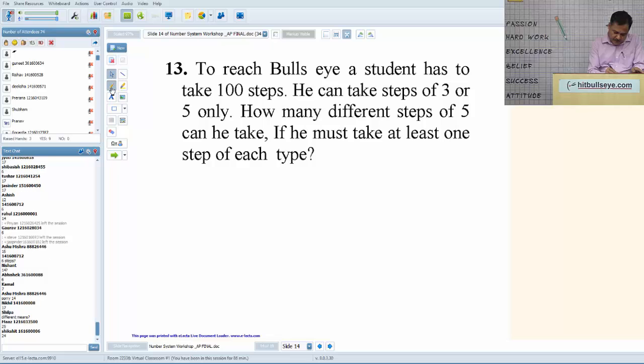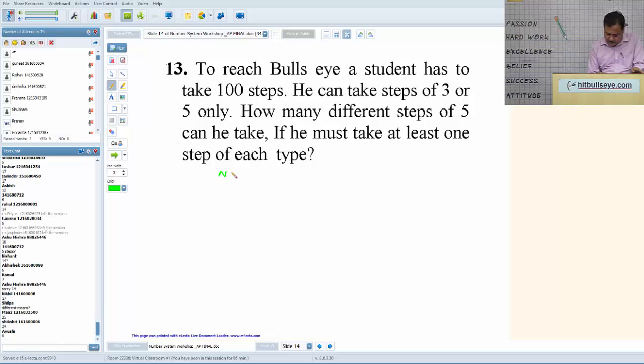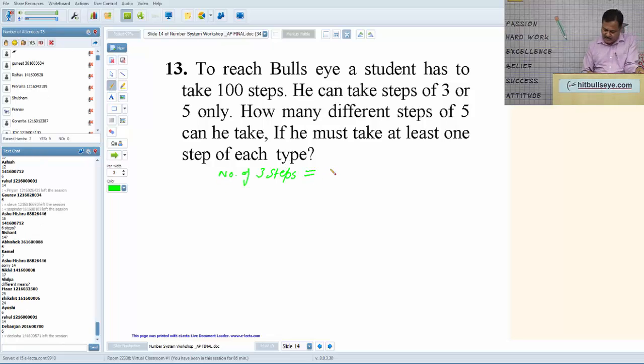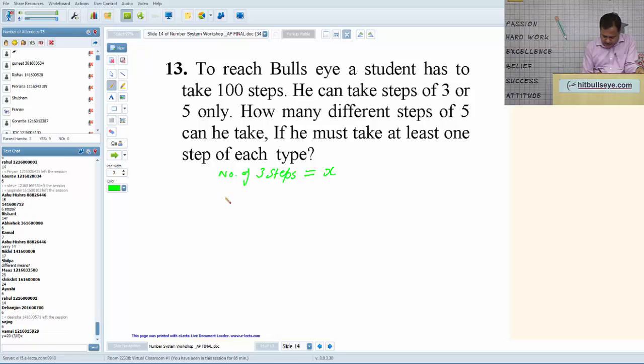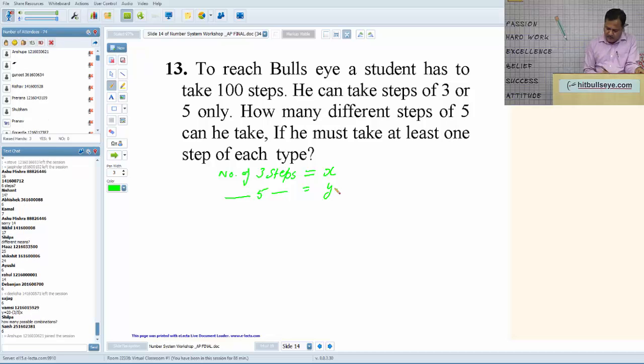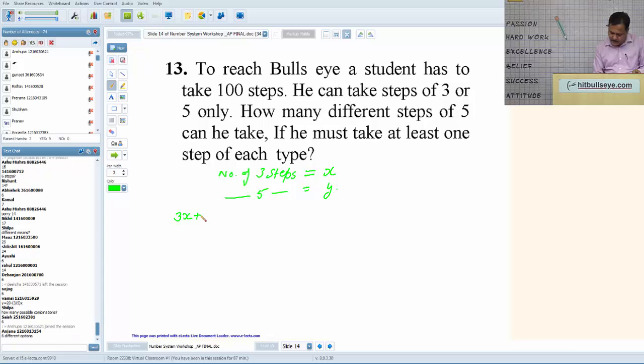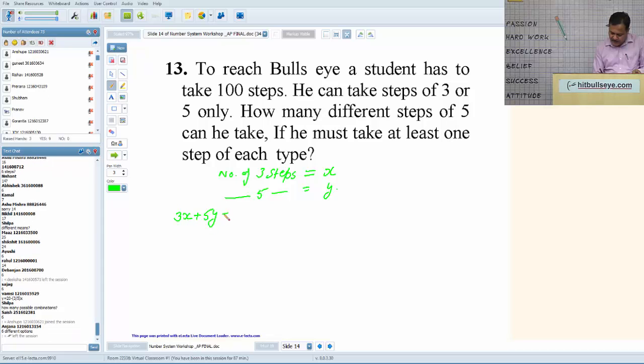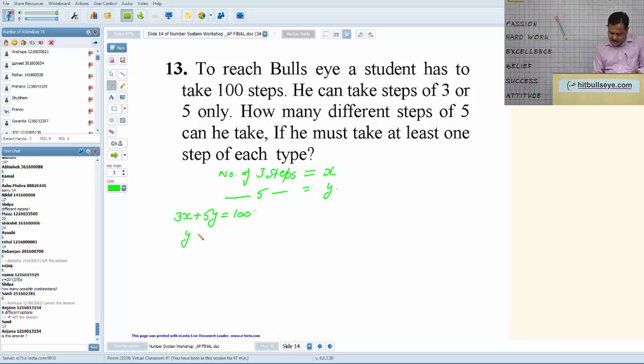Let us take the number of 3 steps as x, and the number of 5 steps as y. Now we know that 3x plus 5y is equal to 100. So that means y is equal to (100 minus 3x) upon 5.